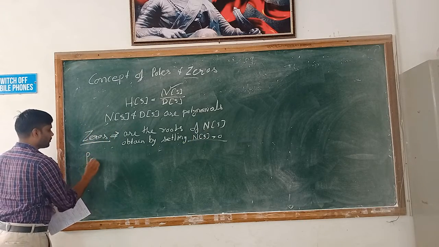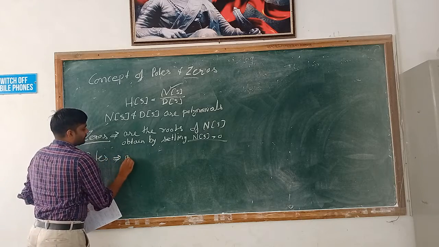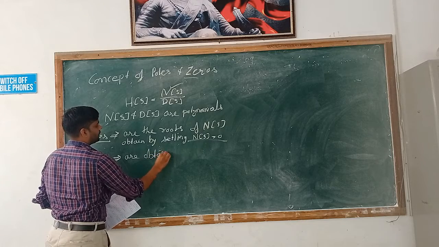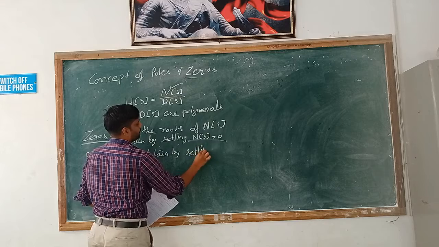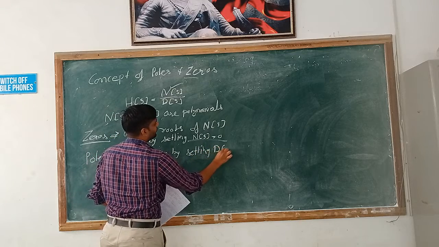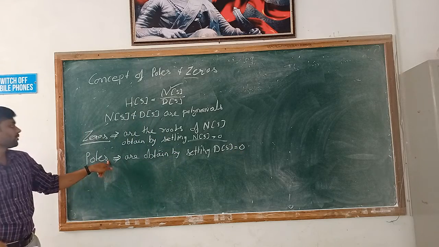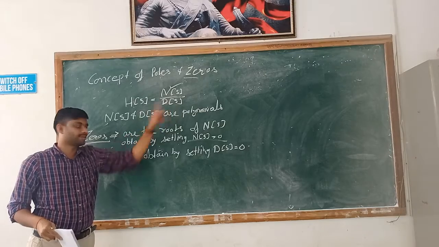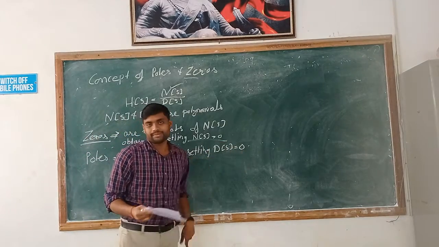Now how do we get the poles? Poles are obtained by setting D(s) equal to 0, or simply, poles are the roots of the denominator, obtained by setting D(s) equal to 0.